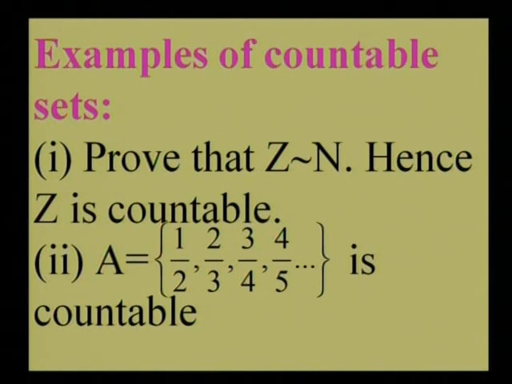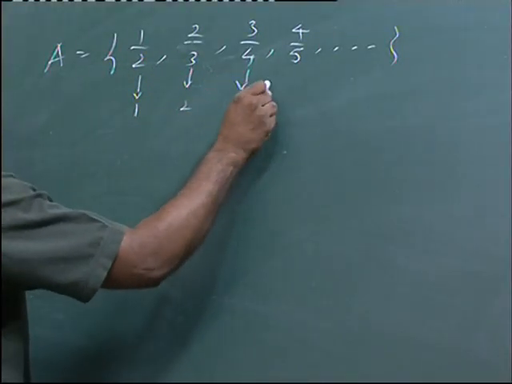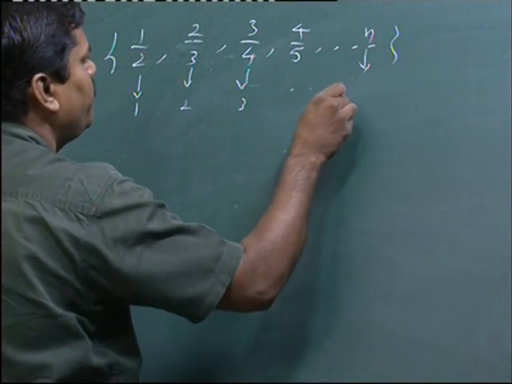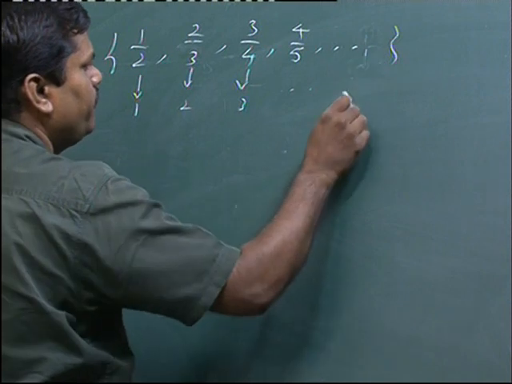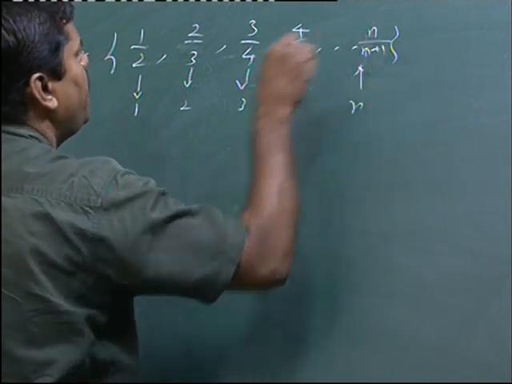So, there is one more in the denominator than the numerator. If I want a correspondence, or if I want to count, I can say this is the first element, this is the second element, this is the third element and so on. So, what can I say about the nth element? If you have n here, what is the corresponding element here? n upon n plus 1.